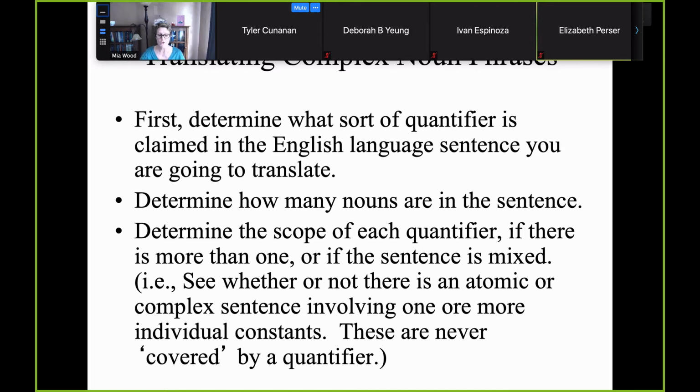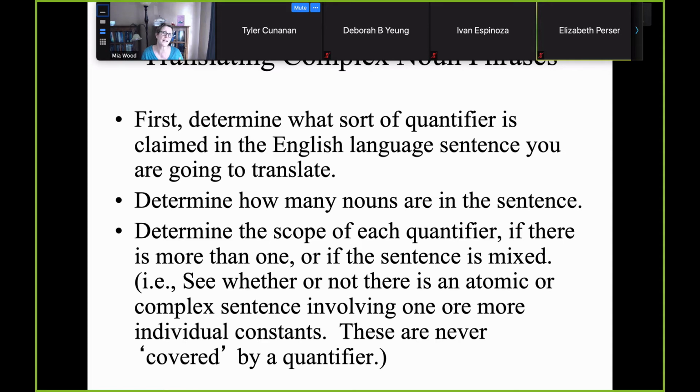And then the question about the scope of the quantifier involves the relationship of that initial class to another class, right? So when we say, every dog barks, we're saying that the scope of the quantifier covers the dogs and the barking things.